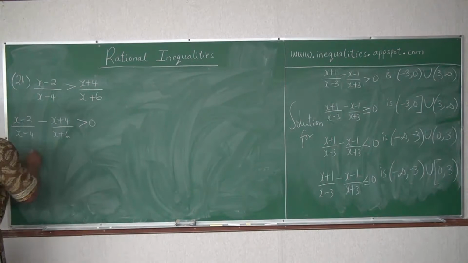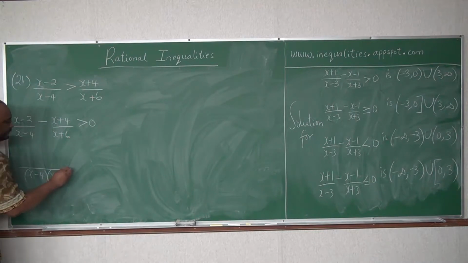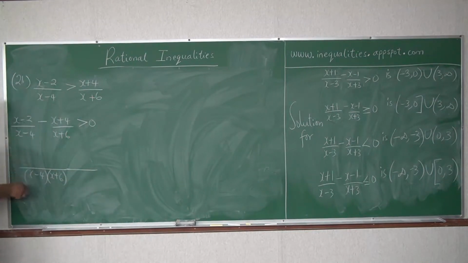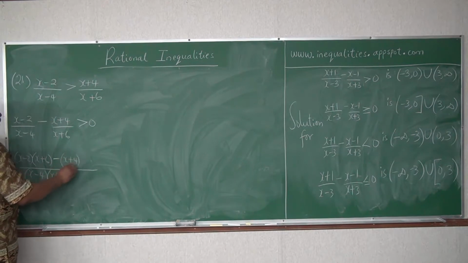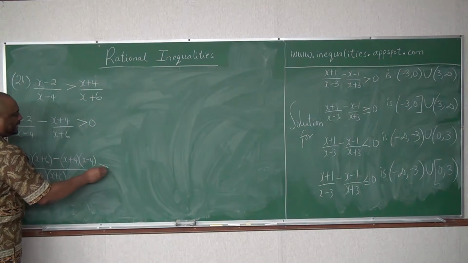So we have the LCD, x minus 4 times x plus 6 is the LCD. So this gives us (x minus 2) times (x plus 6) minus (x plus 4) times (x minus 4) greater than 0.